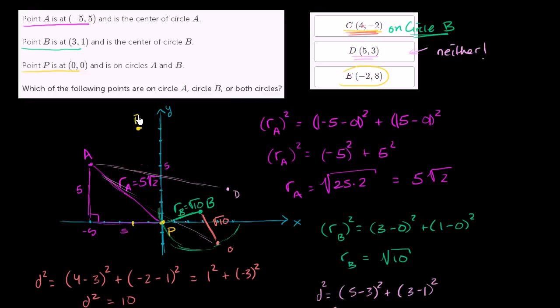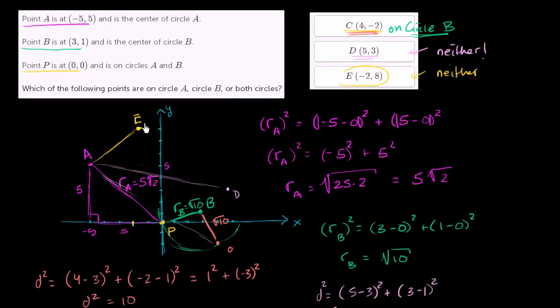That is point E. Just eyeballing it, this distance is clearly way too far. It's clearly more than a radius away from B. So this isn't going to be on circle B. And also looking at it relative to point A, it looks much closer to point A. So just inspecting, you could rule this one out, that this is going to be neither.